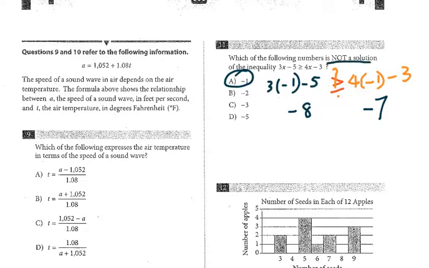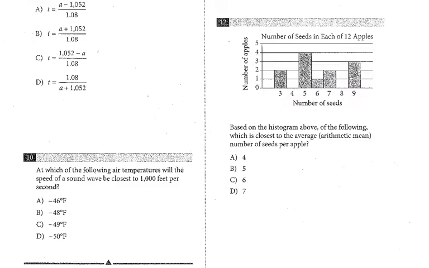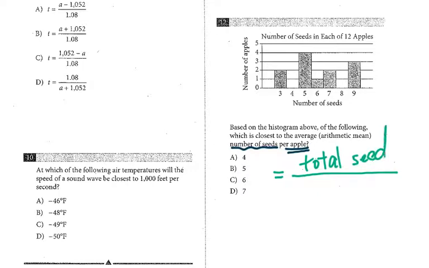that's not a solution. For number 12, we are looking for the average number of seeds per apple. That means we need to get the total number of seeds over how many apples you have.